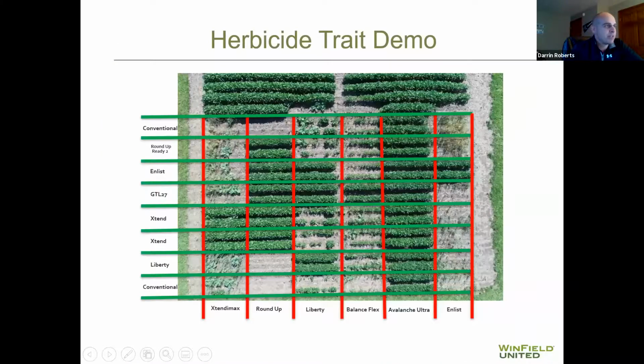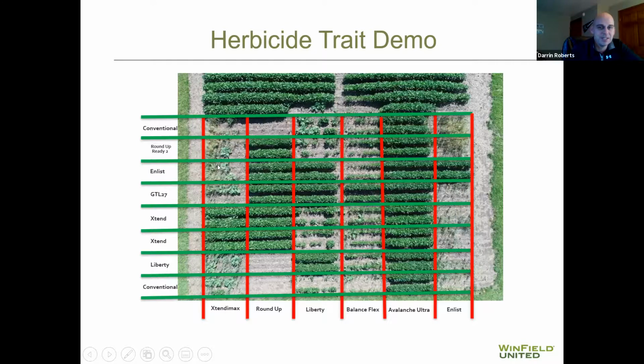One thing I did want to mention where we're talking about the group 4 herbicides is just the importance of making sure we know what's out in the field before we go out with our post applications. In particular, on group 4 herbicides, we'll just talk about Enlist and Extend. With Enlist here, it's these 2 rows that we planted through this demo, and this first 10 feet we sprayed with Extendimax.